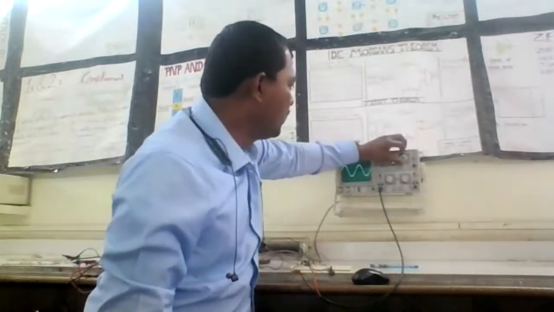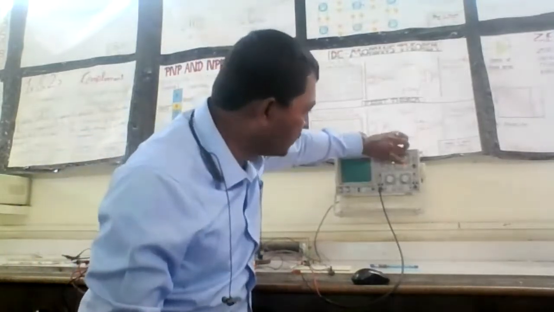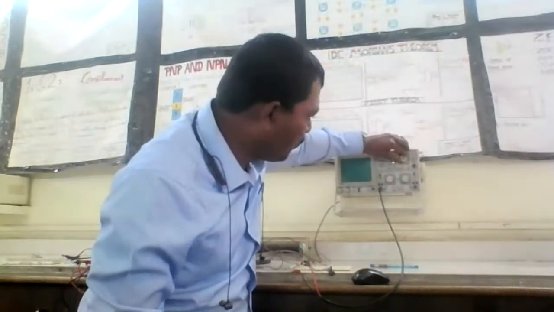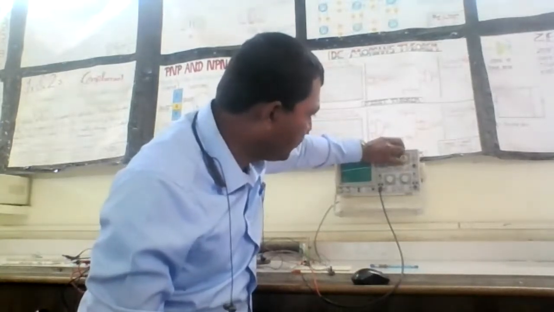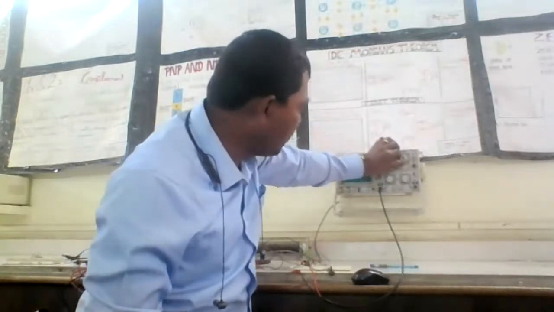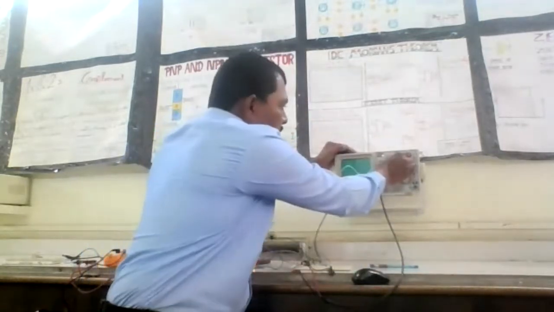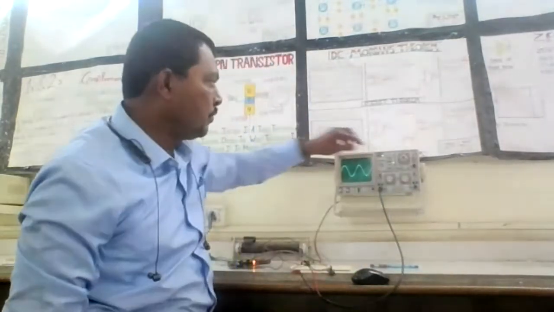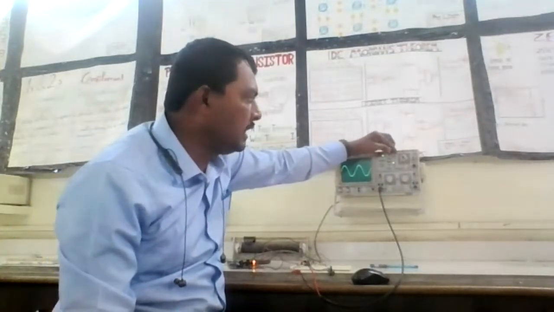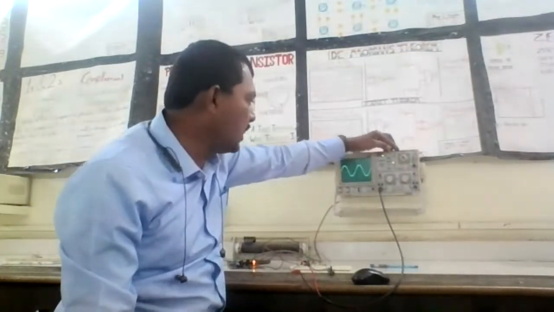We'll measure the value of the frequency. So we'll start from 0.5, 1, 2, 5, 10, 20, 50, and then again, yes, 0.1. So we are keeping it on 0.1 millisecond time per division.